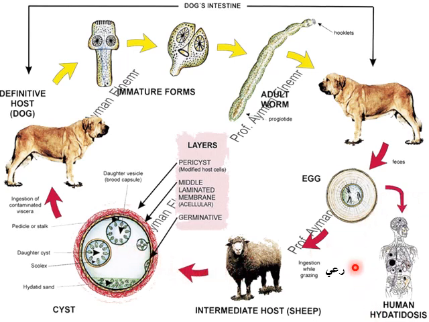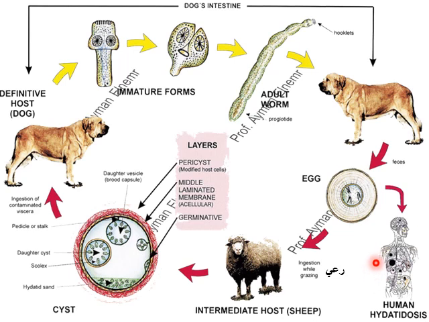Man is an intermediate host when eating vegetables contaminated with the dog's feces containing the eggs with their hexacanth embryo, and these eggs hatch to release the hexacanth embryo, which has 6 hooklets.